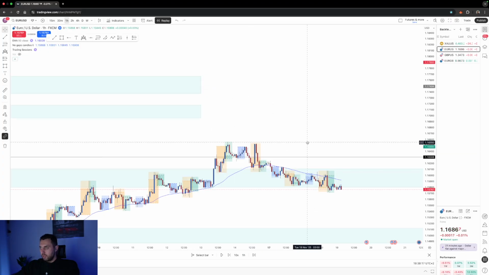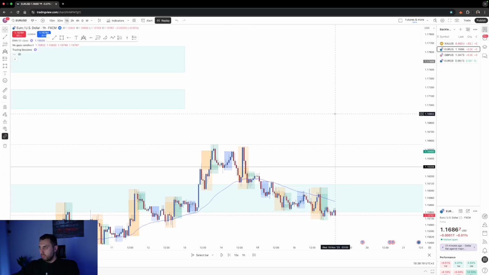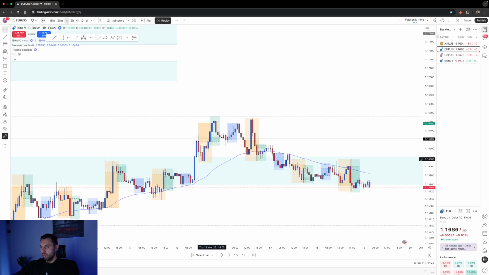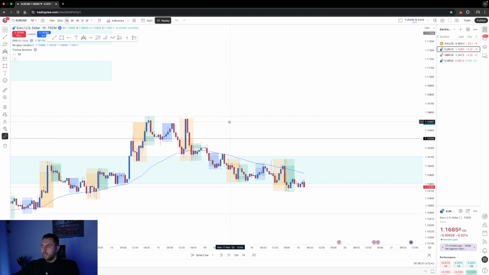On the 1-hour, we can see that we could have caught this trade. This is a higher low, this is a higher high. Now this is a higher low, this is a higher high. And here is the zone where I would enter this trade.